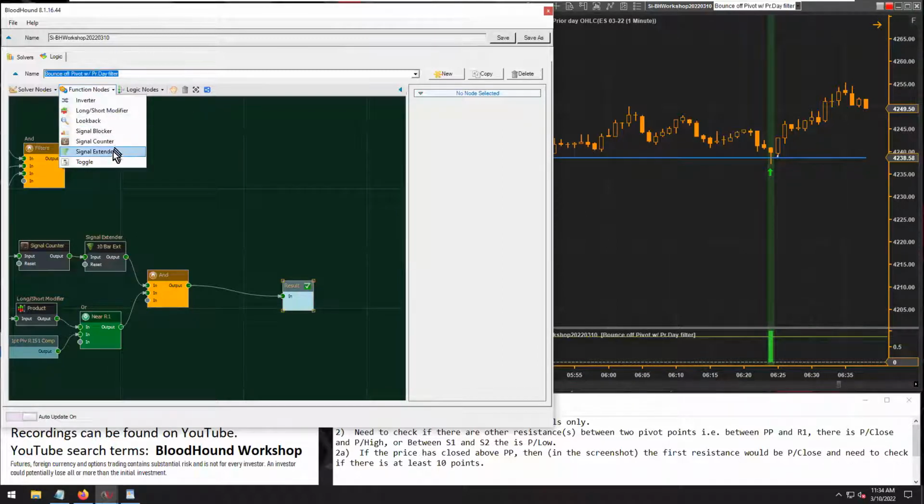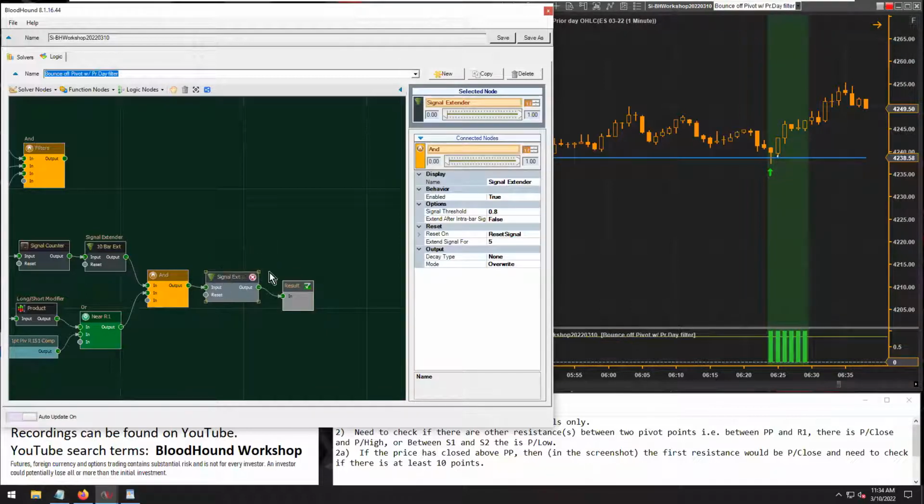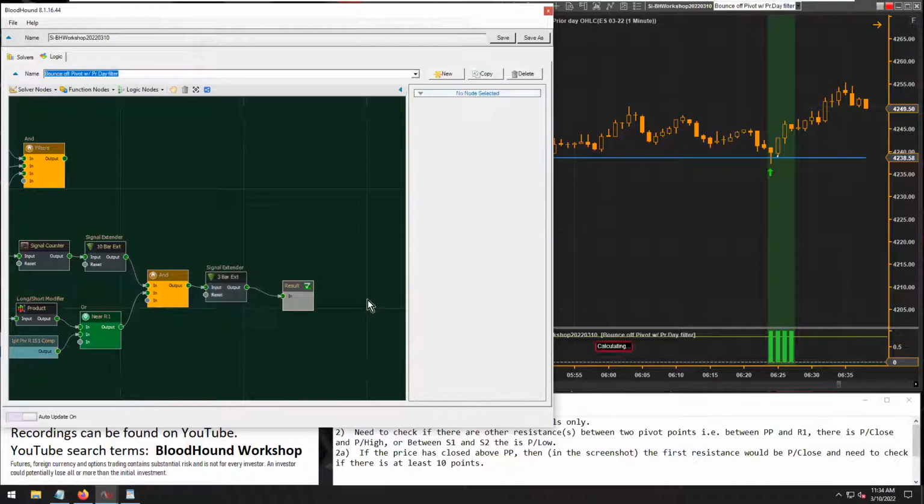So we're going to grab another signal extender, and to be liberal, we'll extend 3 bars, like so. So there's our touch being extended out 3 bars, waiting for an up bar.